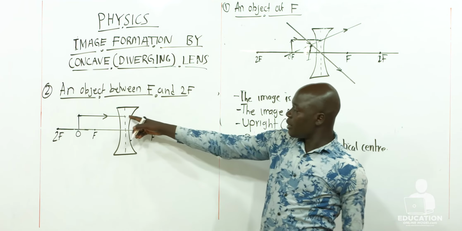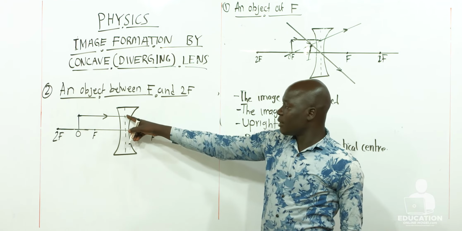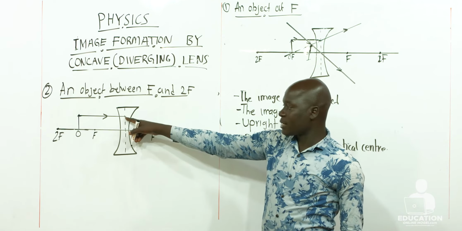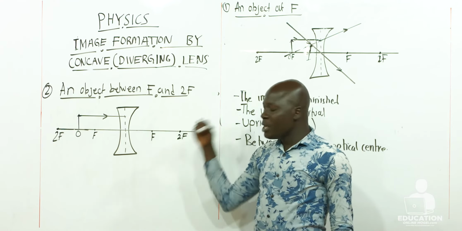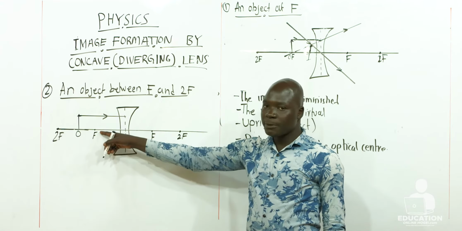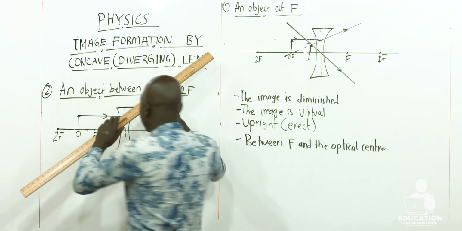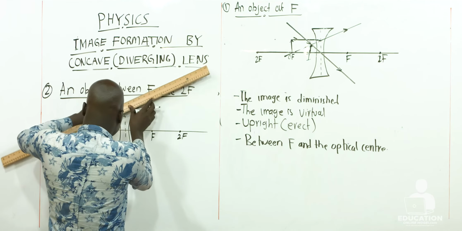Now when this ray meets the lens, it is going to be refracted in a direction where it will appear to be coming from a point called the principal focus. So this is how the ray will be refracted.